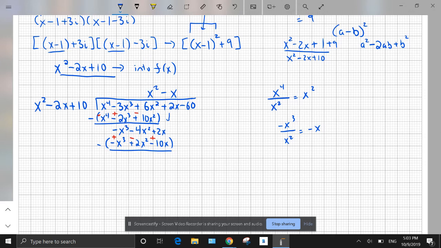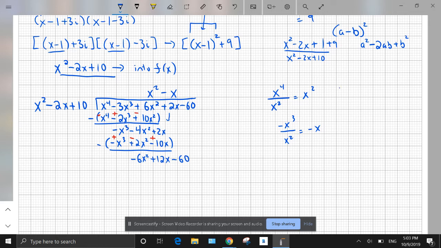So here the first term we get 0. You have negative 4x squared minus 2x squared, so that's a negative 6x squared. Positive 2x plus 10x, so plus 12x. And then we drop the 60, so minus 60.